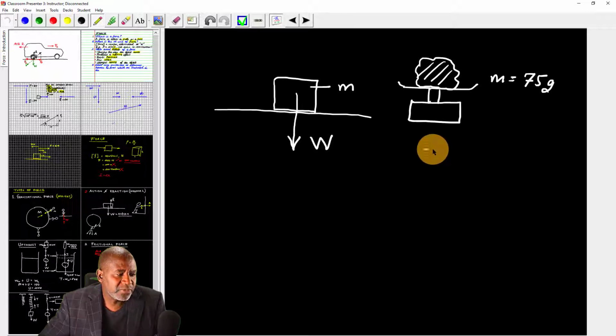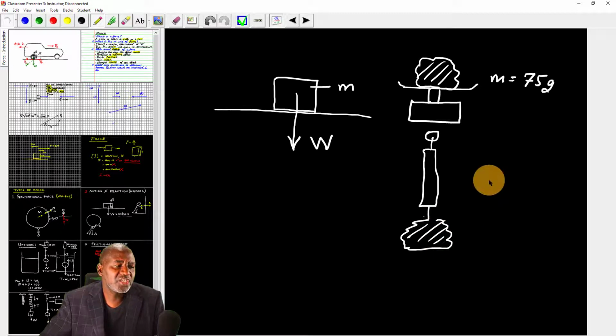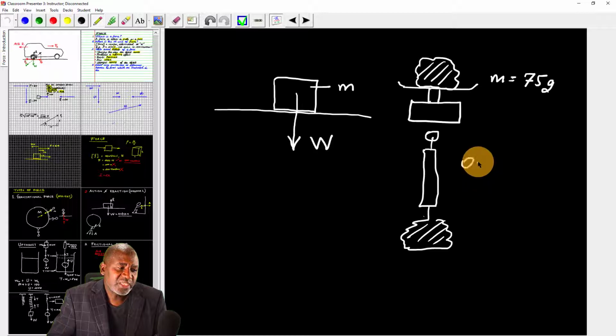Get the same object, measure its weight using a spring balance, and you'll find that its weight is 0.75 newtons.